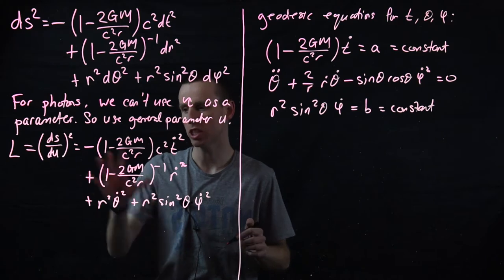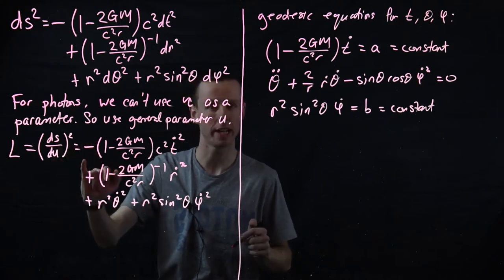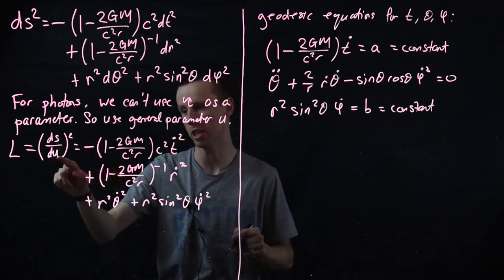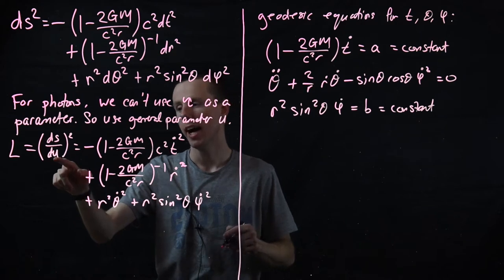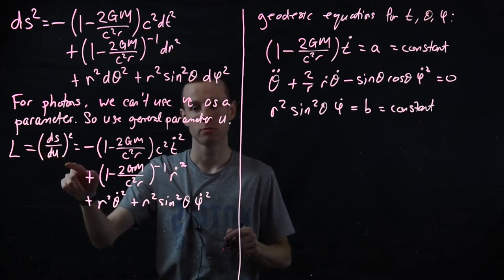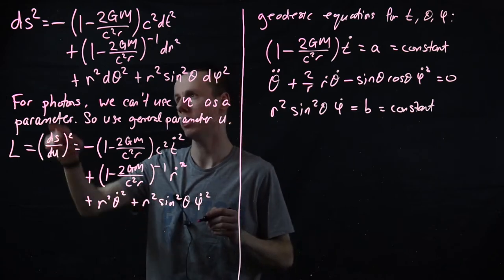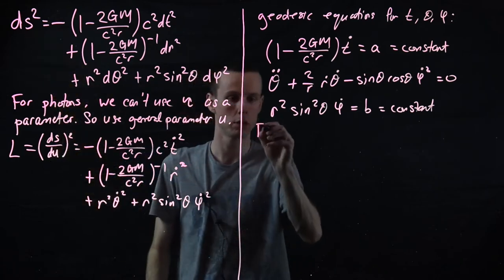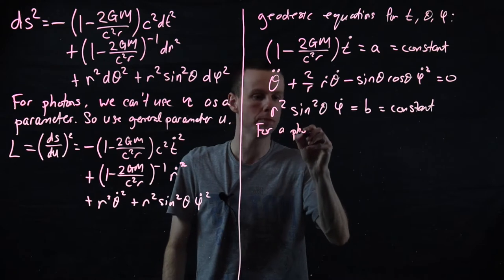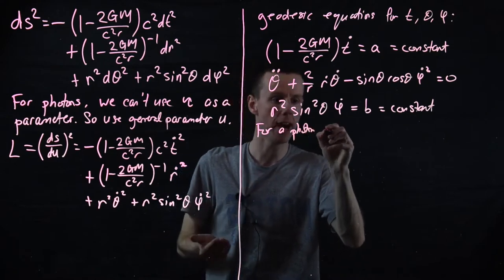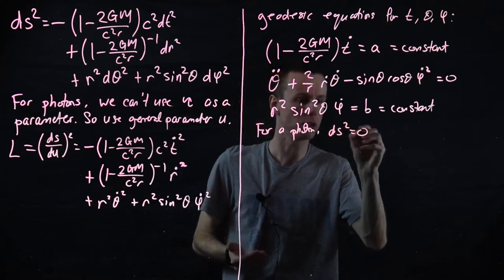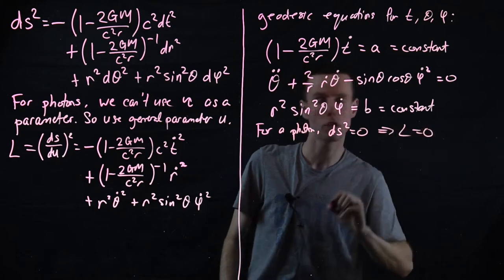In this case, it's not L equals minus c squared anymore, because this isn't the proper time here. It's just L equals 0. Why is that? Because for a photon, ds squared is 0. So along its path, ds squared equals 0, and therefore also the Lagrangian is 0.